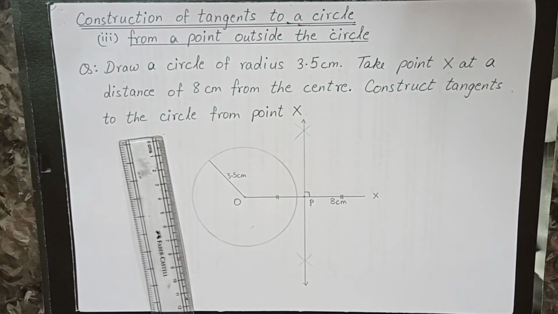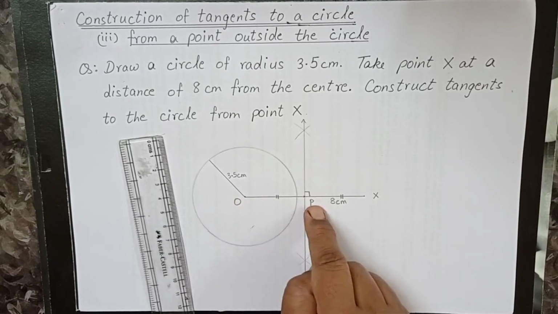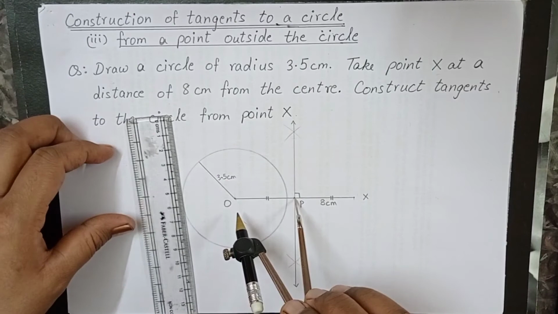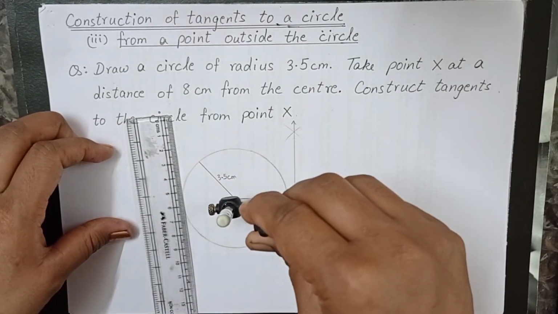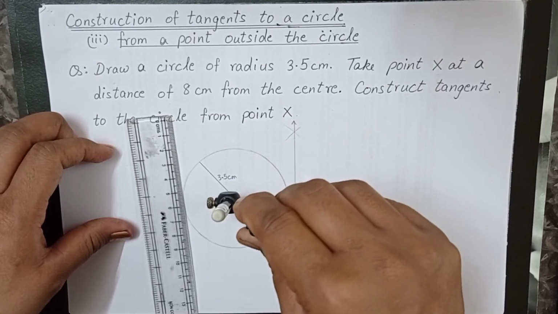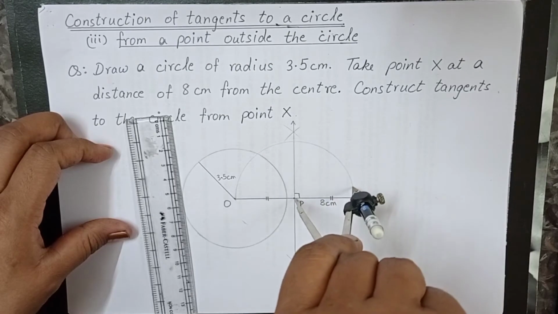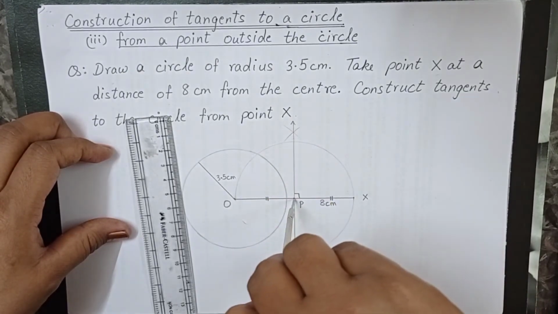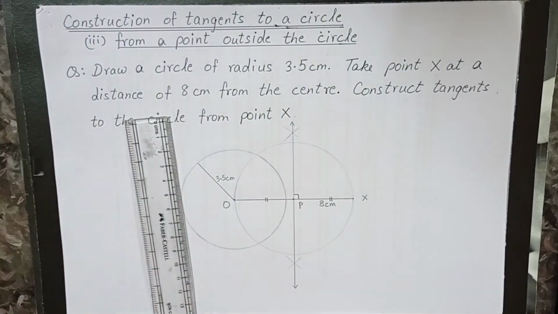Right? Now, taking this as the center of the circle and OP as the radius, you have to draw a circle. So taking P as the center and OP as the radius, let us draw a circle. Okay, so this is the second circle.